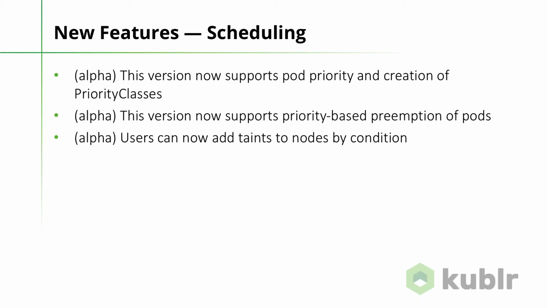And also we have priority-based preemption of pods, so based on a priority class, the scheduler will decide which pods to evict. And another thing is we now have conditional taints to nodes, which allows you to do more flexible deployments.